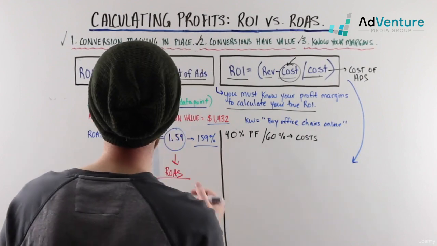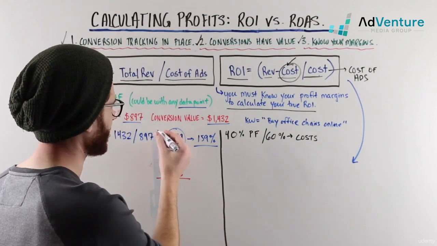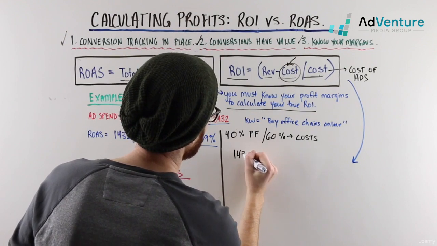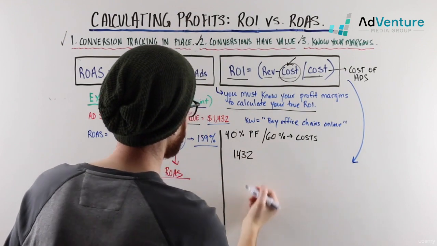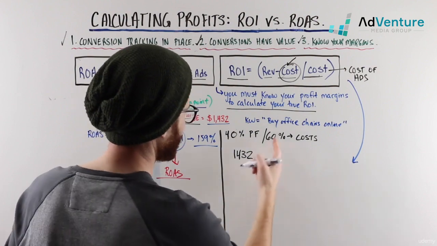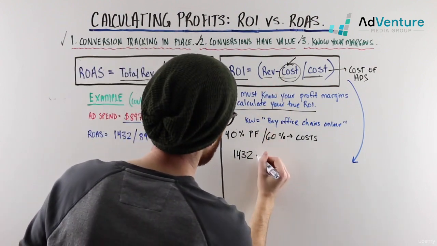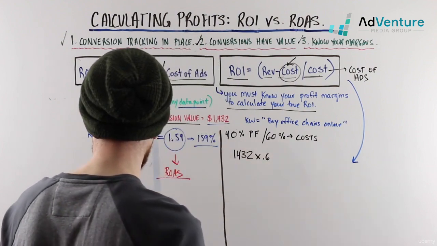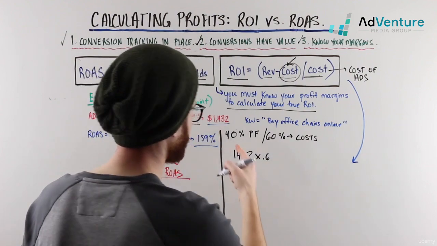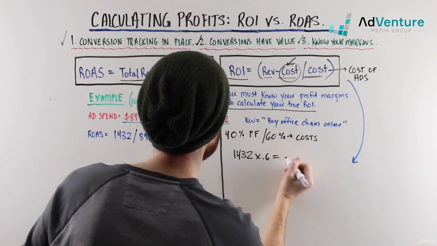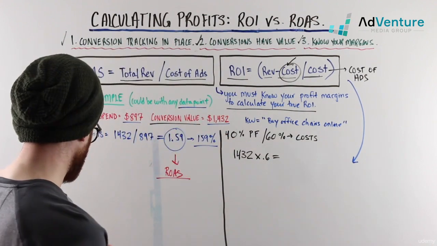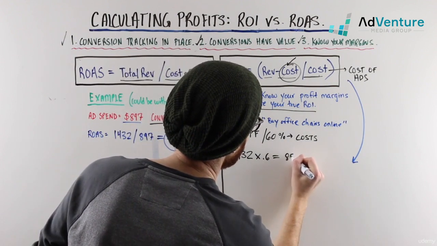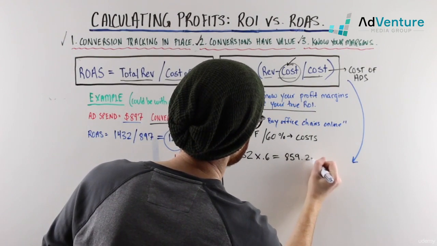I take my total conversion value, which is 1,432, and to get my cost of doing business, I have to multiply that by 0.6. That is how I get the cost of doing business for these profit margins. If you do the math in your calculator, 1432 multiplied by 0.6 comes out to 859.20.